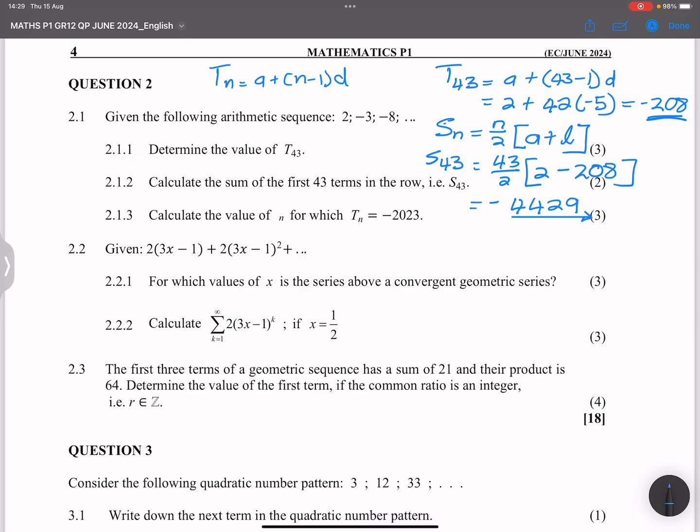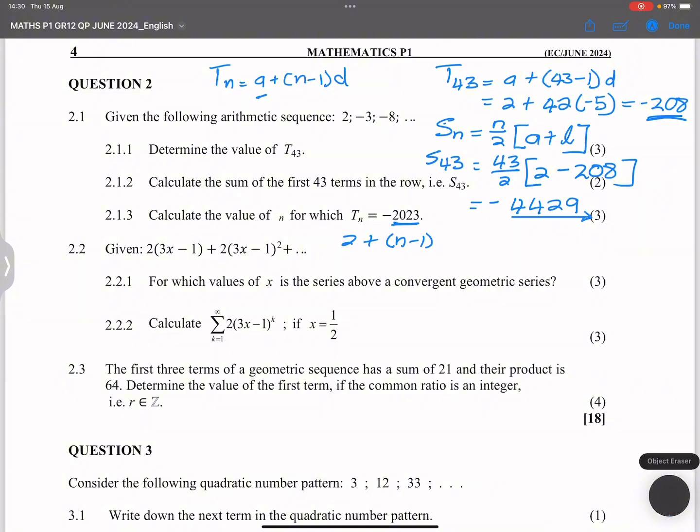They say calculate the value of n for which Tn is equal to negative 2023. So remember, this is our term number. We said our a value is 2, and we want to know what would be the value of n, with n minus 1 multiplied by our d value, which is negative 5.